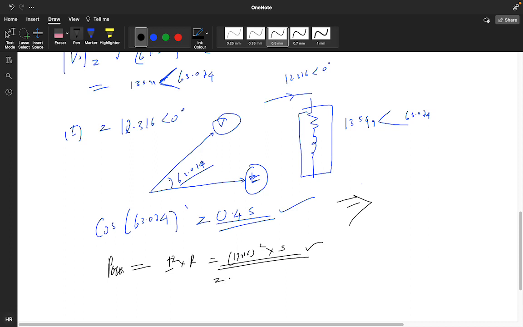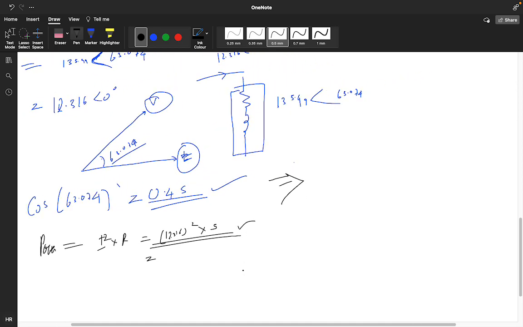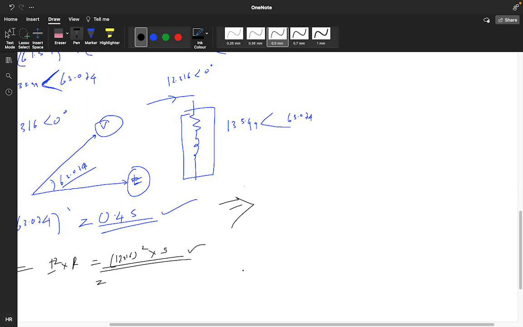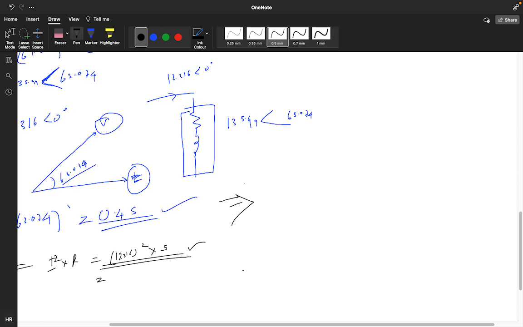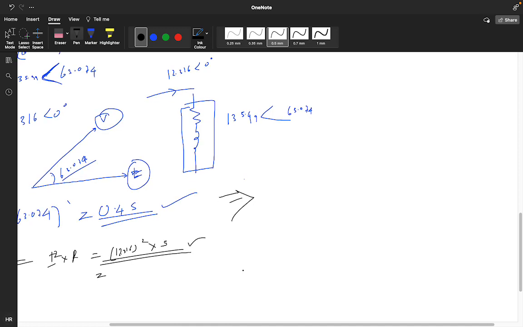What is the answer you guys are getting? 12.316 square into 5, how much will it come? 758. 758.41928 watt will come. This is your real power.